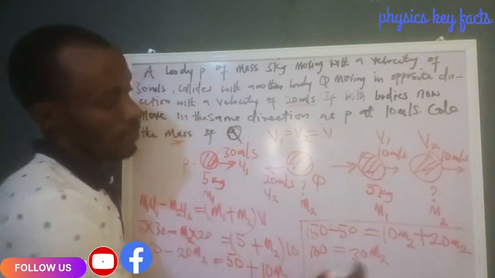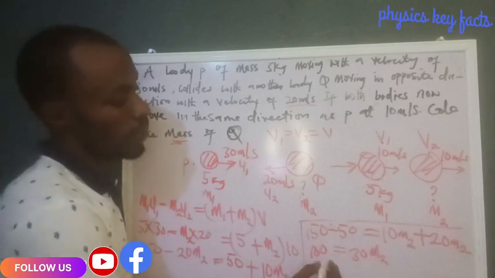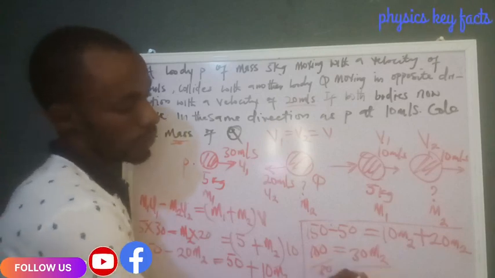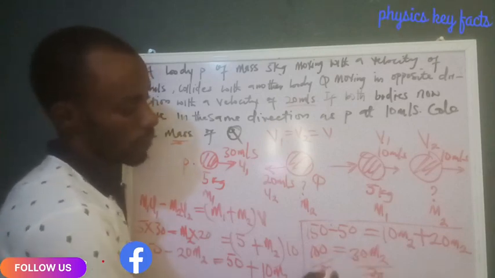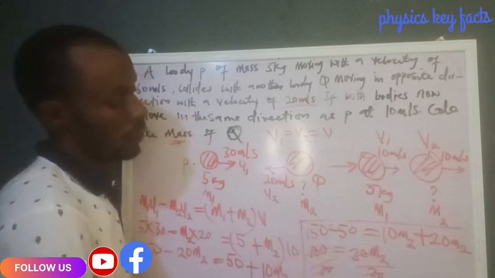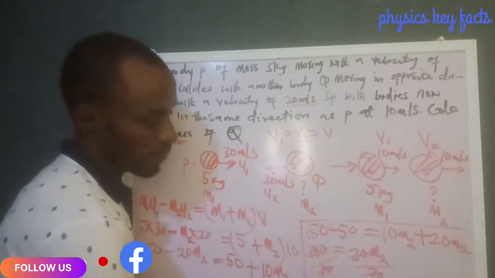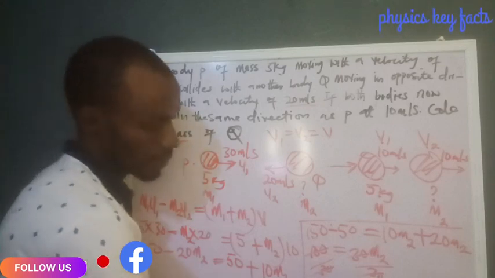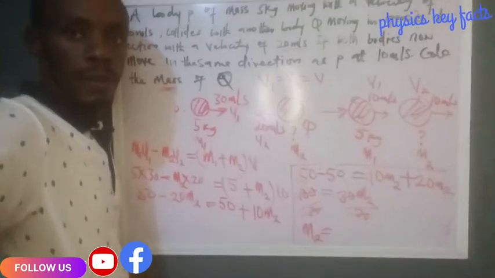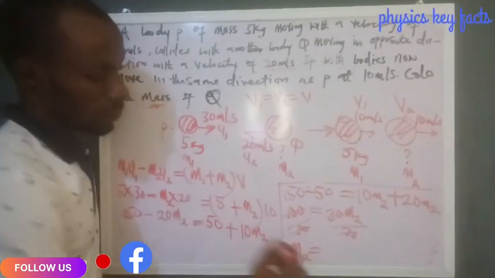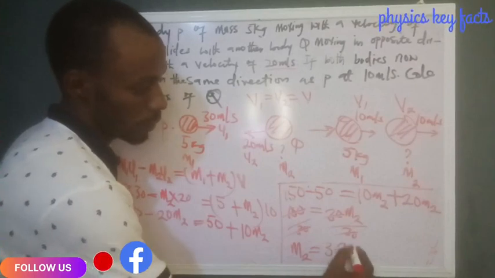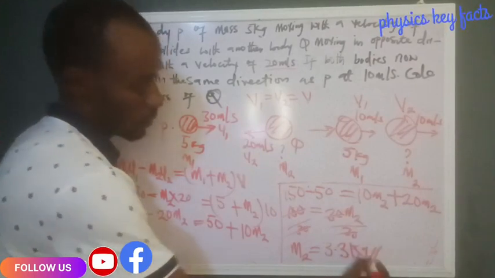Then I'm going to make M2 the subject of my formula, where I would divide both sides by 30. 30 will cancel 30. 100 divided by 30 is 3.3. So I'm going to have M2 equal to 3.3 kilograms.